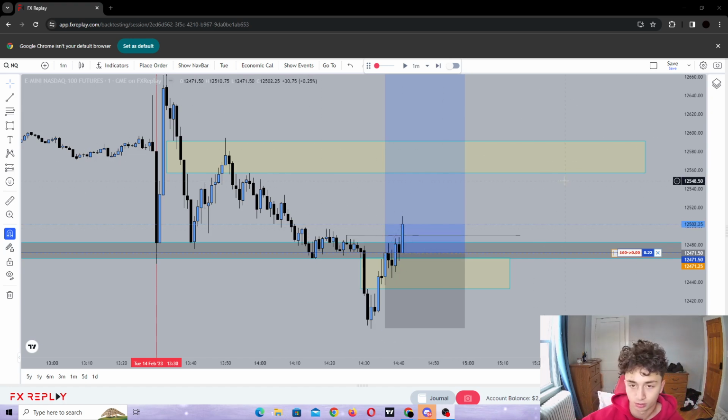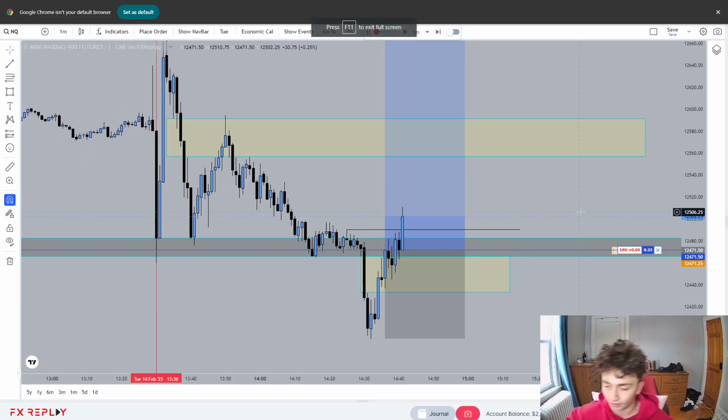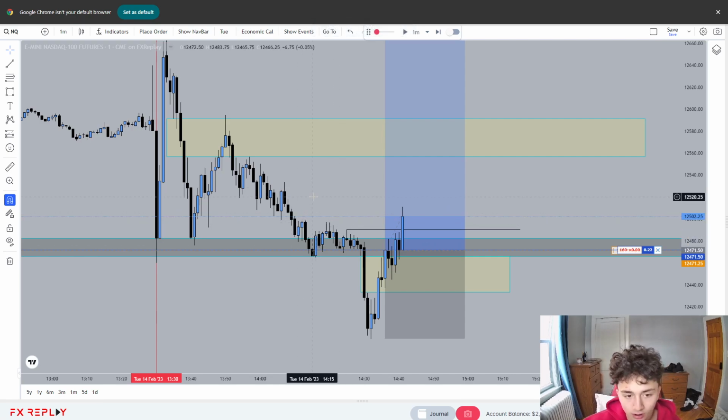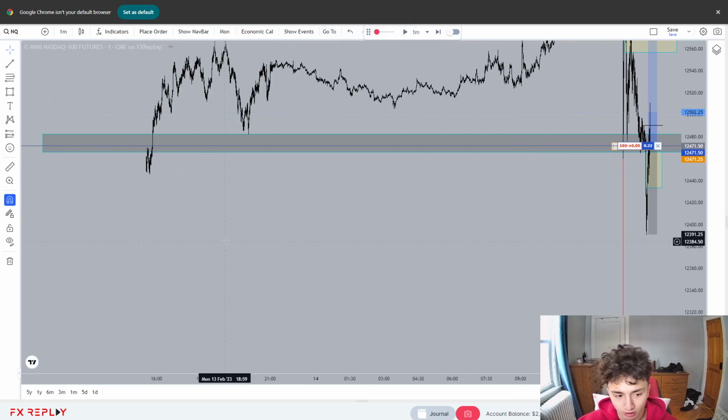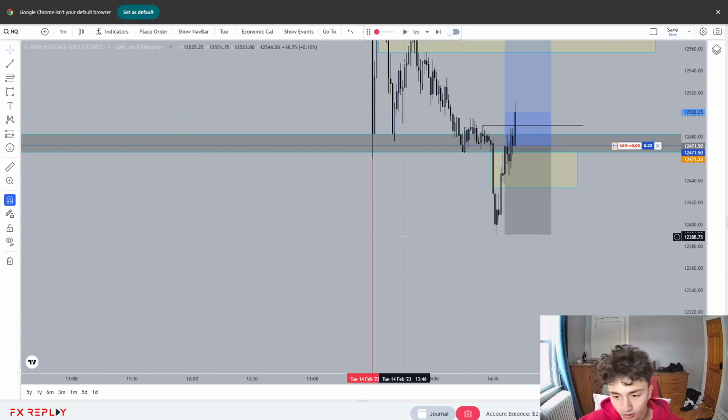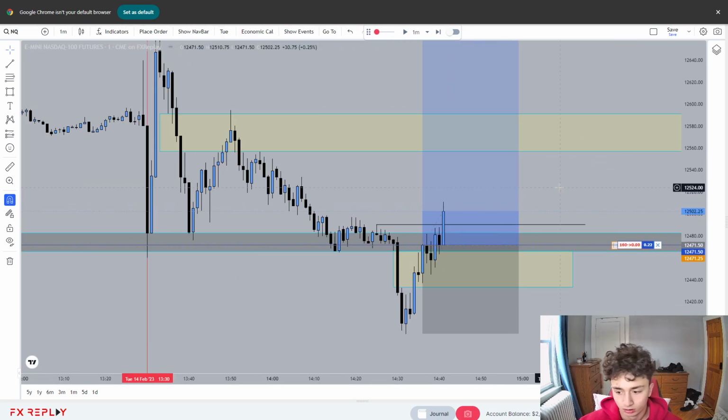Like, this should not come back down if it is bullish. If it's bearish, now it can just sweep out this and come back down and continue looking for more liquidity to the downside. So there's two ways this could go, but now we're safe already.